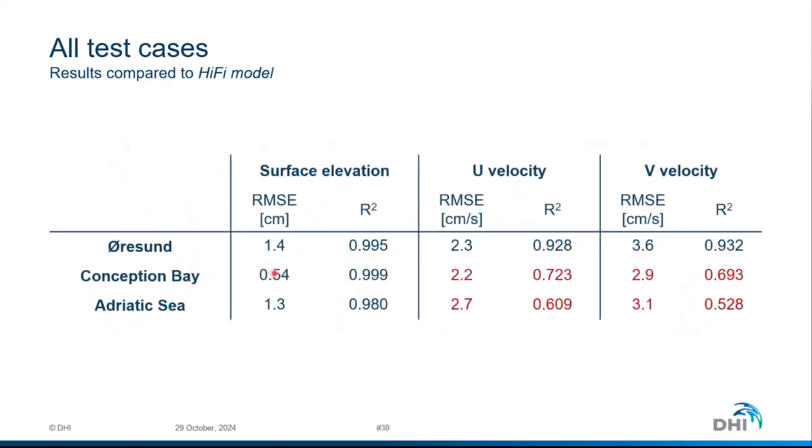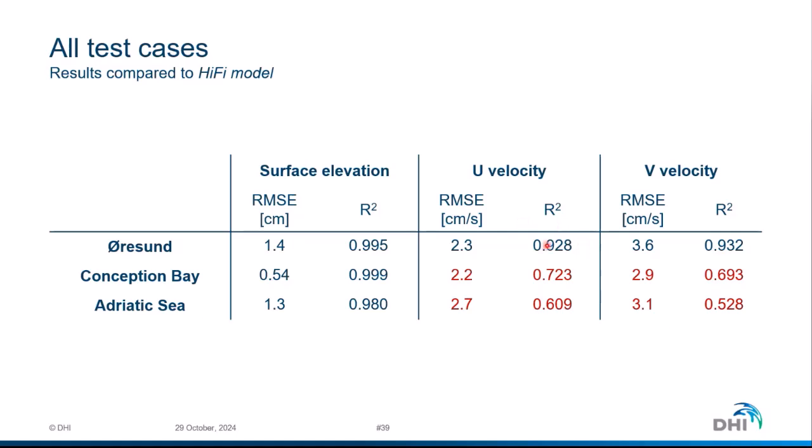Then I promised also some numbers with the metrics, the root mean squared errors and the R squared. And once again, we see that across the three test cases, the performance is quite good for the surface elevation. Whereas for the velocity components, the performance for the two test cases, conception bay and Adriatic Sea, is not as good as for the Øresund case.